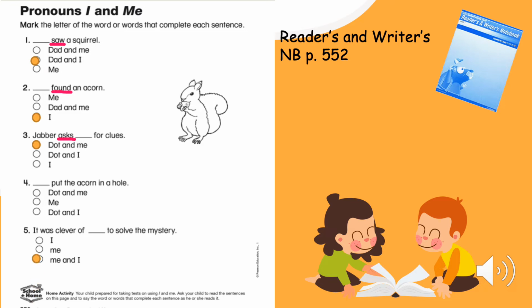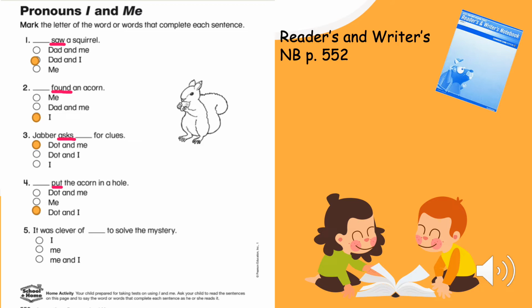It is Dot and I. Dot and I put the acorn in a hole. Why? Because it is written before the verb. Dot and I actually is our naming part or subject.